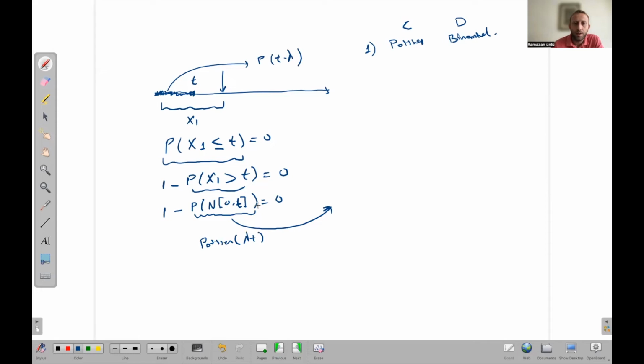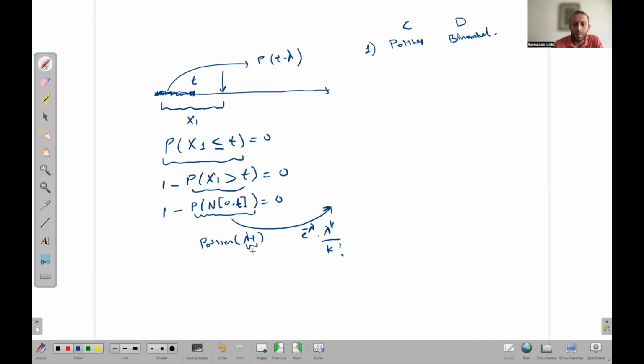And remember, the PDF of the Poisson distribution was e to the minus lambda times lambda to the k divided by k factorial. Okay, now what is our parameter? Lambda t.